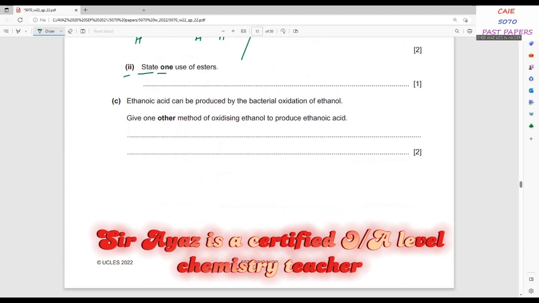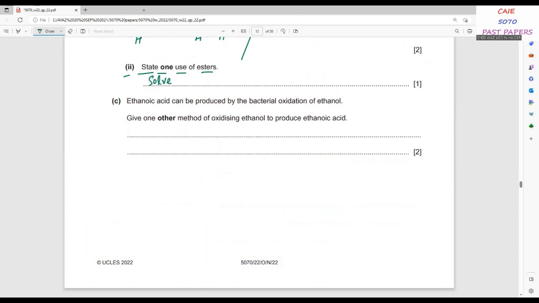Number two, state one use of esters. You know that it's used as solvents, perfumes, flavorings. C. Ethanoic acid can be produced by the bacterial oxidation of ethanol.